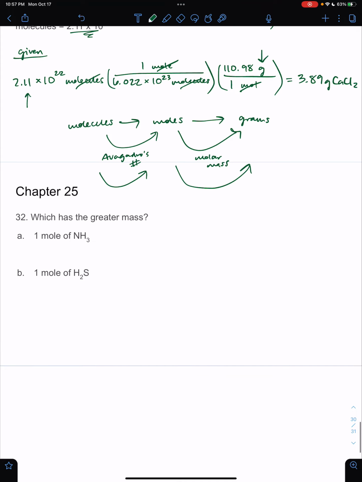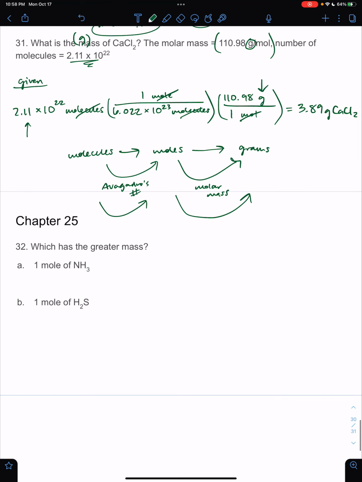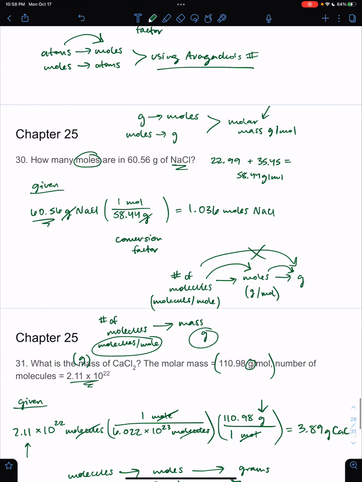Alright. And then the last question. The question says, which has the greater mass if you have 1 mole of 2 different molecules? So for this one, all you have to do is add up the molecular mass, like we just did in number 30.